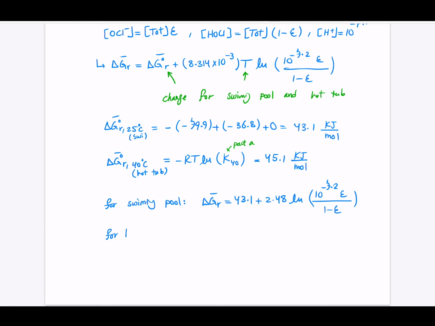And then for the hot tub, this would be delta G R equals 45.1 plus 2.60 ln 10 to the minus 7.2 epsilon over 1 minus epsilon.